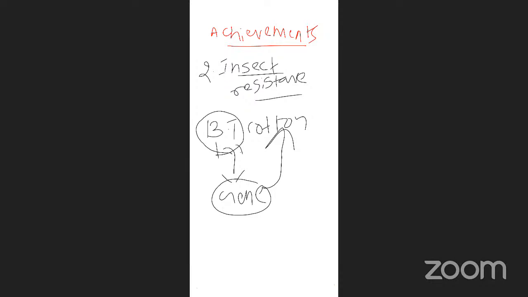The BT gene produces a protein, a poisonous protein. This protein is harmful to the insects, right?